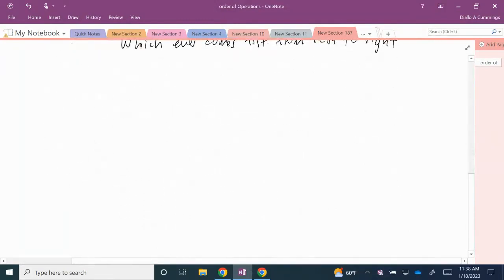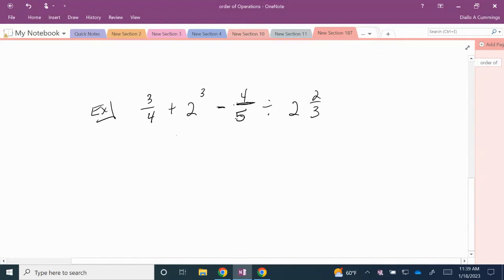In this example, we have 3/4 plus 2 cubed minus 4/5 divided by 2 and 2/3. So the first thing I'm going to do is evaluate the exponent.